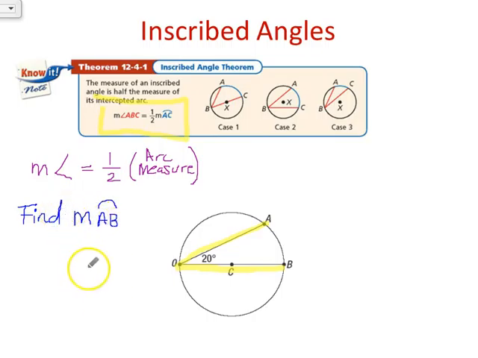So that's what we're going to do with this circle here. Now going back to take a look at the circle and see what's given to us. In this circle, we know that the measurement of that inscribed angle AOB is 20 degrees.